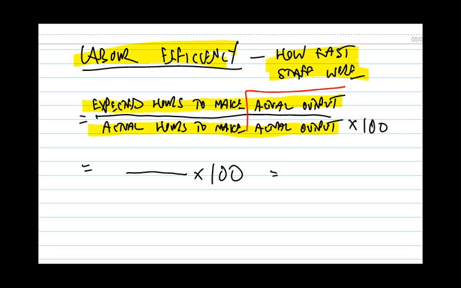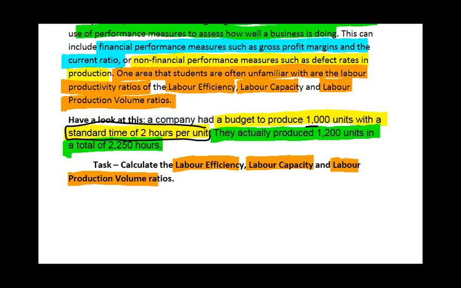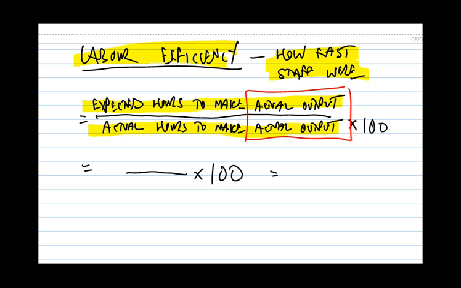You might notice that both calculations are based on the actual output. So for the purposes of this example, I'm not interested in the 1,000 units they budgeted. That wasn't the actual output. The actual output was 1,200 units. What would we expect that to take?